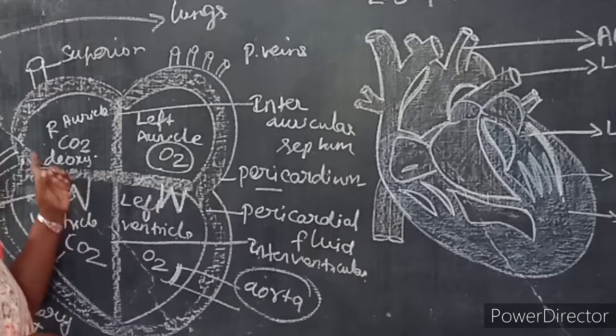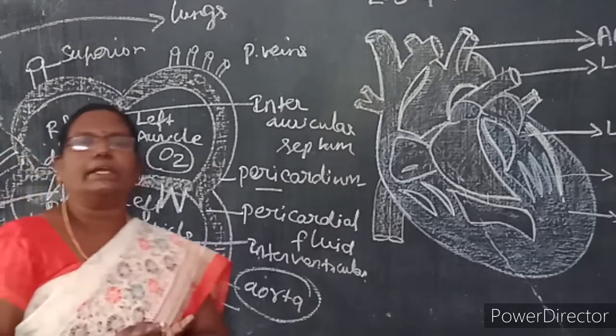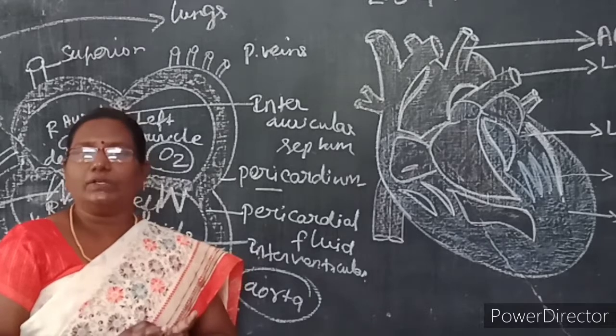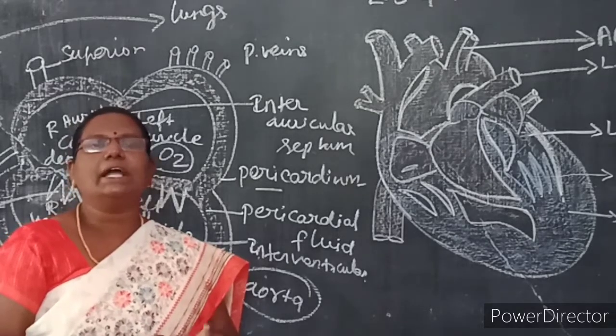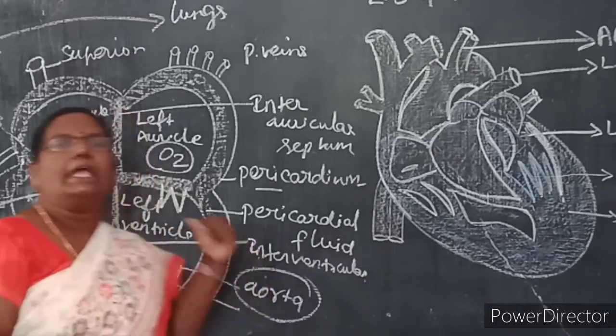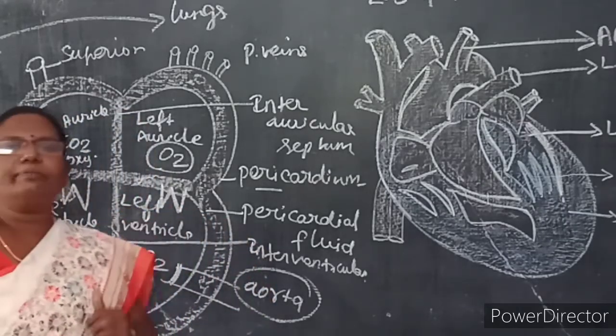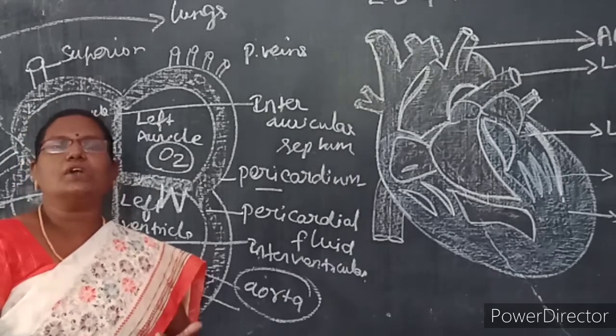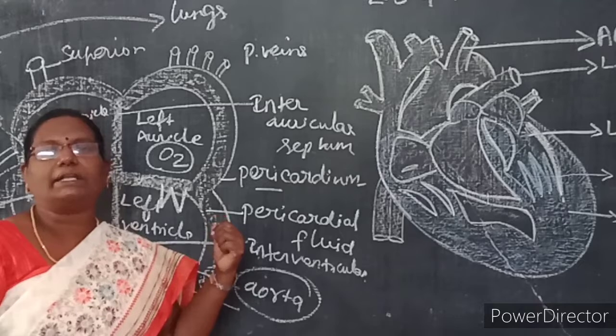So remember, the right auricle always receives the deoxygenated blood through the superior vena cava and inferior vena cava. Superior means what? Anterior. So the superior vena cava collects the deoxygenated blood from the anterior part of the body.